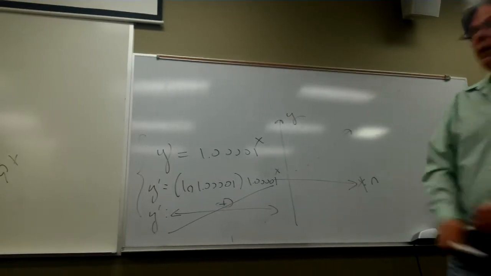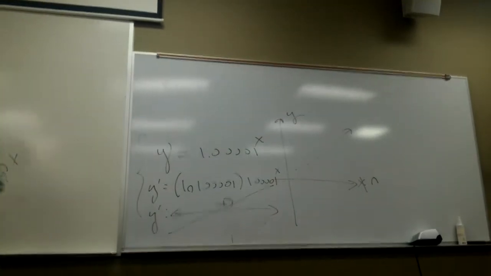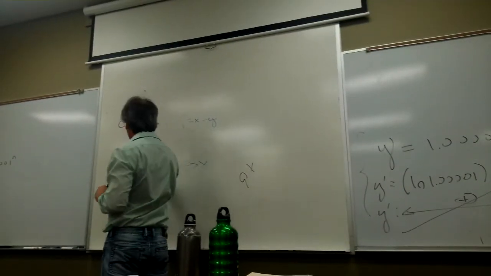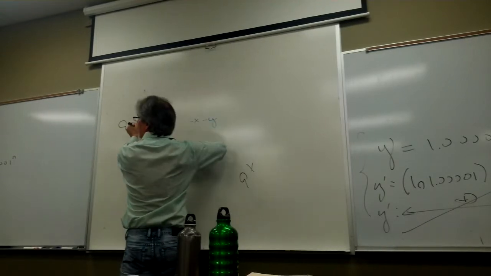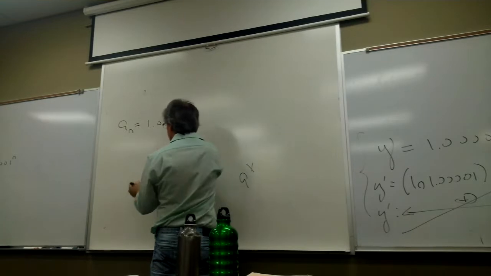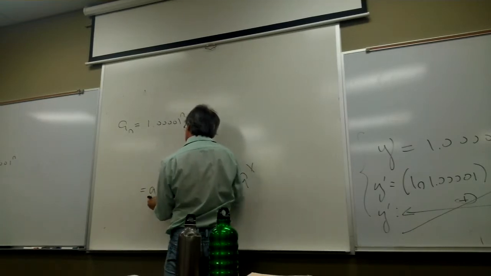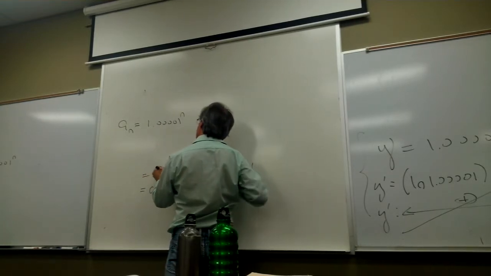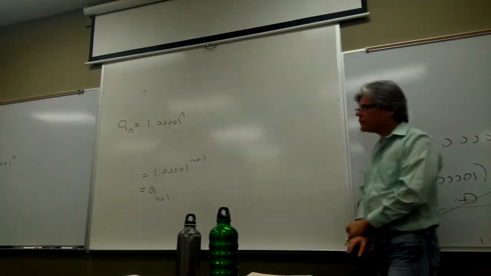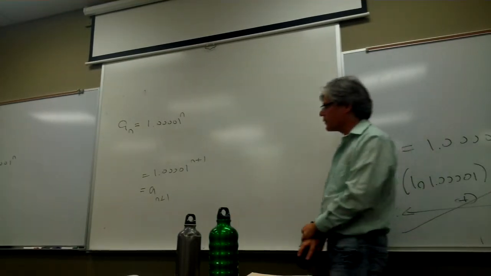Let's do it. Let's see what the relationship is between a sub n and a sub n plus 1. After all, a sub n is nothing more than this. And a sub n plus 1 is nothing more than this. Can you read that?